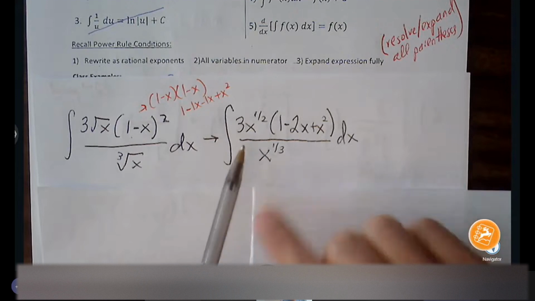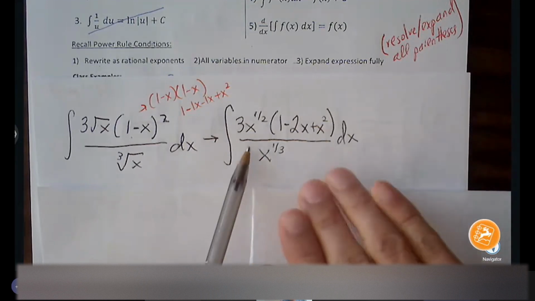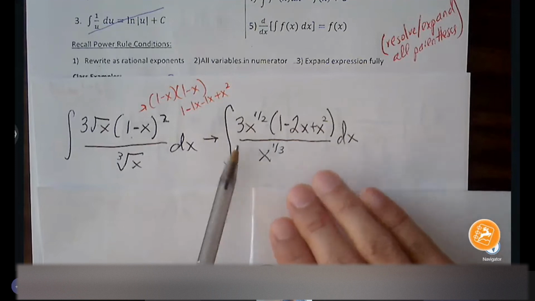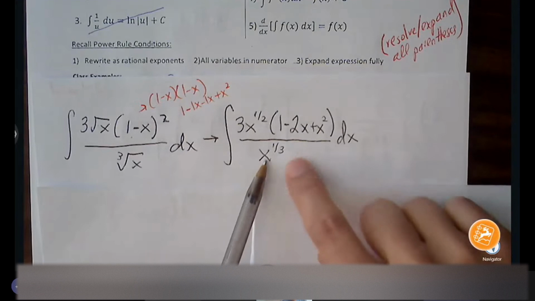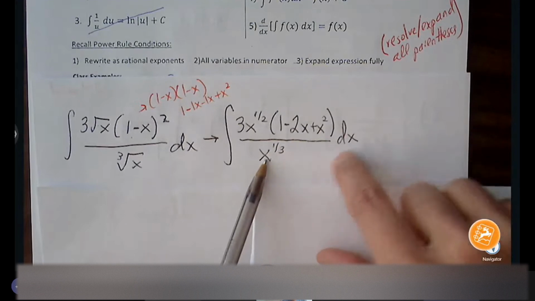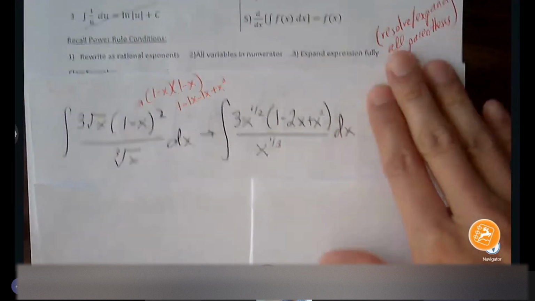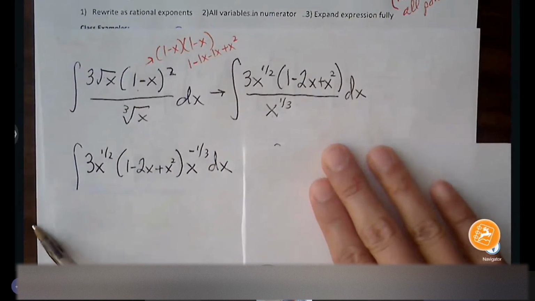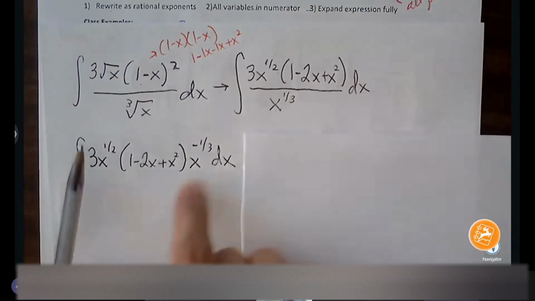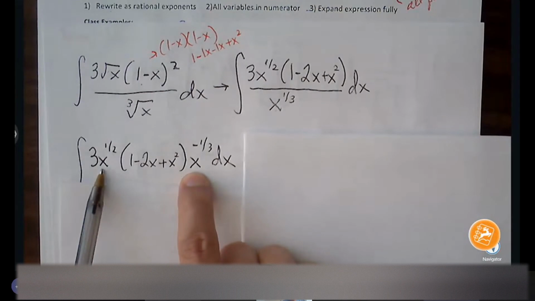All right, now from here, you may be expanding your expression in a different order than me, which is fine. But for me, I'm just thinking I'm going to bring this x to the 1/3 to the top. And if I can bring that x to the 1/3 to the top, then maybe I can find a way to merge these together first.